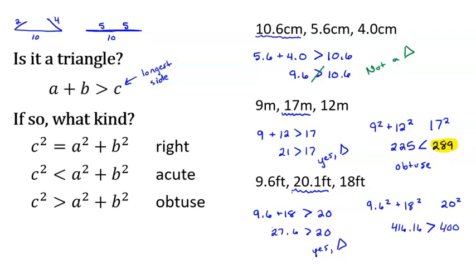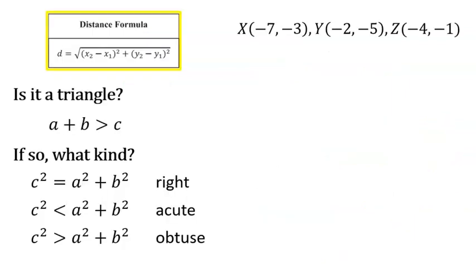Now when we look at this, I can see that c squared is less than my sum, and so that's going to be acute. Okay, all right, so now let's try one more.